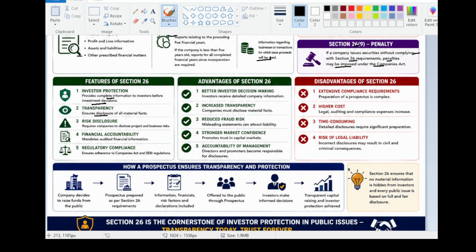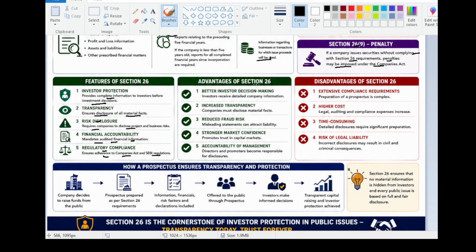Transparency ensures disclosure of all material facts. Risk disclosure requires companies to disclose project and business risk. Financial accountability mandates audited financial information. Regulatory compliance ensures adherence to the Companies Act and SEBI regulations.